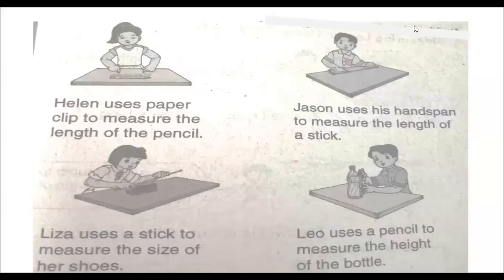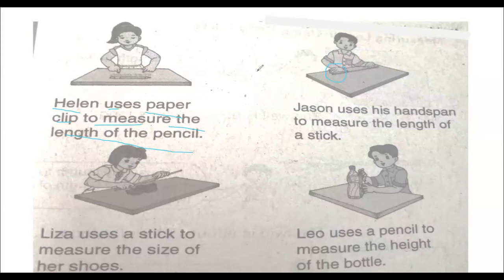Okay, let's do this one. Here. So Helen uses a paper clip to measure the length of the pencil. Jason uses his hand span here to measure the length of the stick.